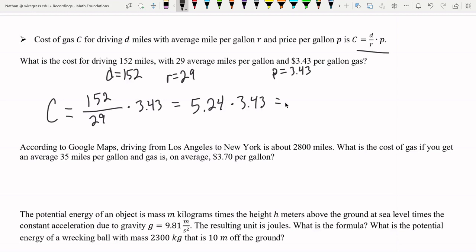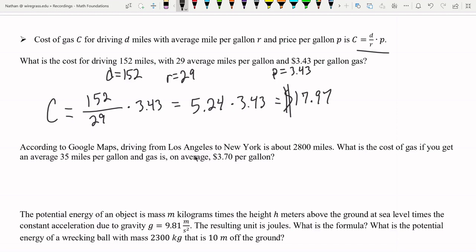I rounded the 5.24 to two places. So I'm going to do 5.24 times 3.43, and then I'm going to round this to two places because this is a dollar amount. It costs $17.97 to drive 152 miles with an average 29 miles per gallon rate, and at $3.43 per gallon.